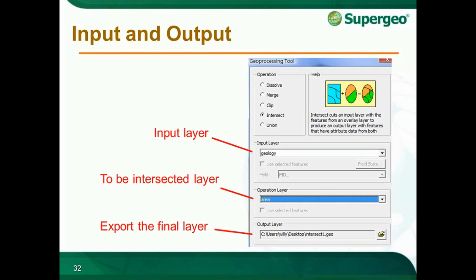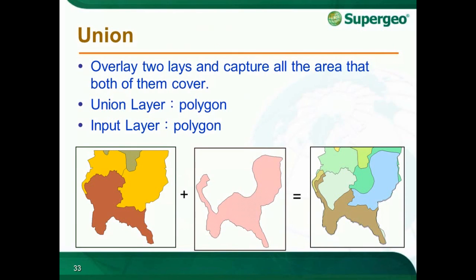And let's move to the last operation, union. Union is to combine both layers into a new layer, which unites the area from both layers and also contains the attribute data from the original layers. The figures here show two original layers before union, and then the new layer created by union.